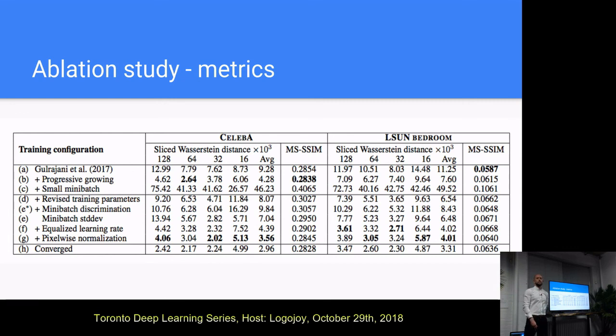The CelebA paper presents generated images and real images to humans, and they have to distinguish which ones are real and which are fake. It's surprising for some of the high quality ones, they can fool a lot of people. At high resolution though, people can usually tell them apart.